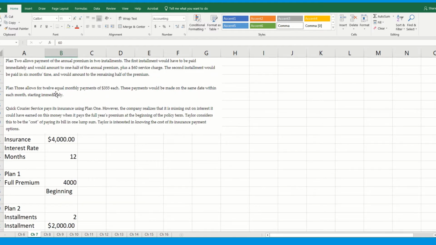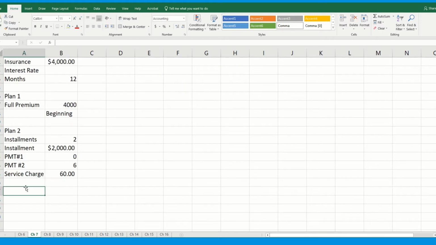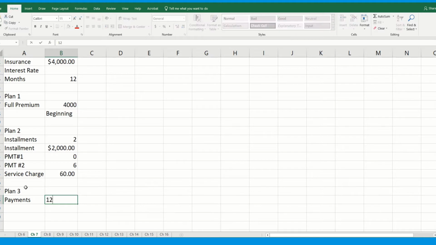And then we have plan 3. Plan 3 allows for 12 equal monthly payments of $355 each. The payments would be made at the same date within each month, starting immediately. So let's just talk about plan 3. We're making payments, 12 of them, so 12 is the number of payments.